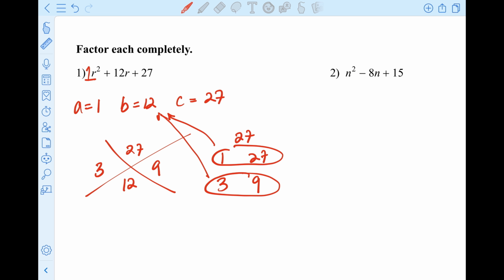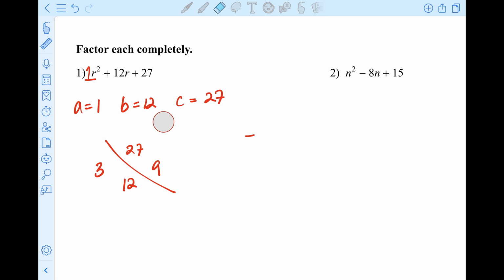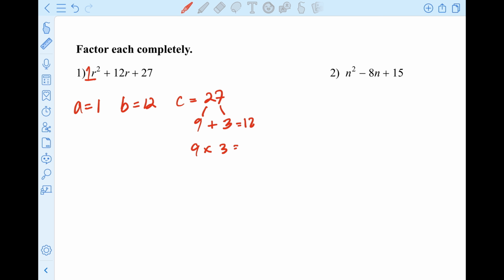If A is positive, B is positive, C is positive, it's pretty straightforward, right? As you can tell here, another way to look at it is just to say, hey, 9 and 3 added together gives me 12. 9 times 3 gives me 27, right?